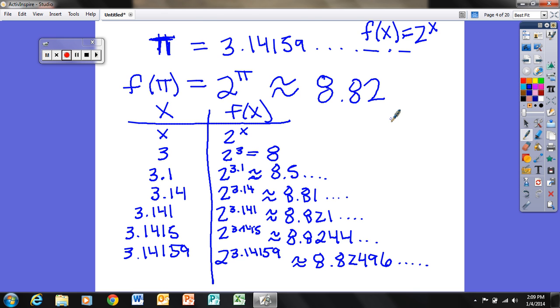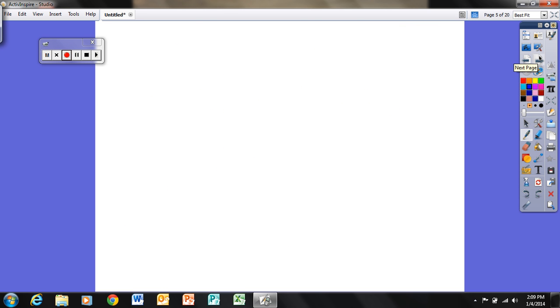Alright, in this next part, you may be given a table, and you have to find the formula for the exponential function. So, in this case, we're going to do two examples in one, so I can just make one table altogether.